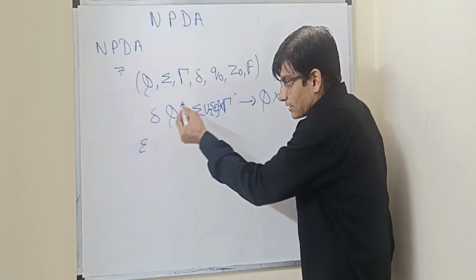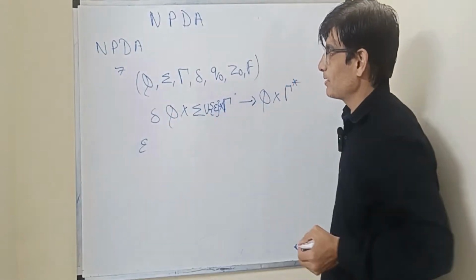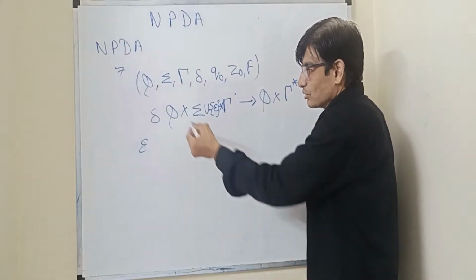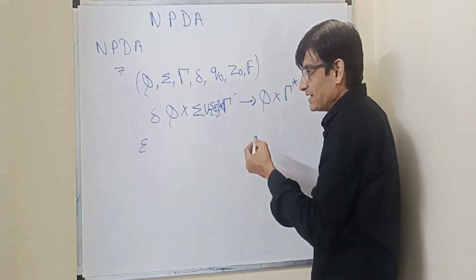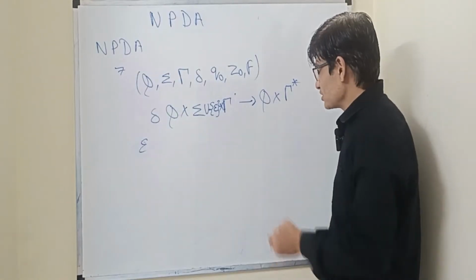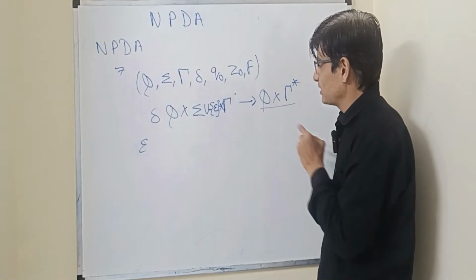Now this is the proper transition function of PDA. In case of DPDA, as only one possible next state is there, this would be the transition function.